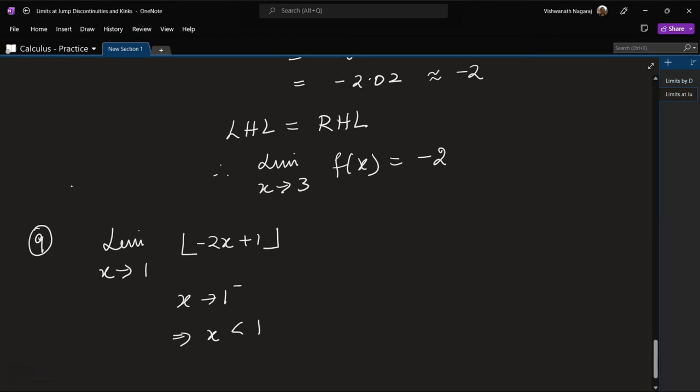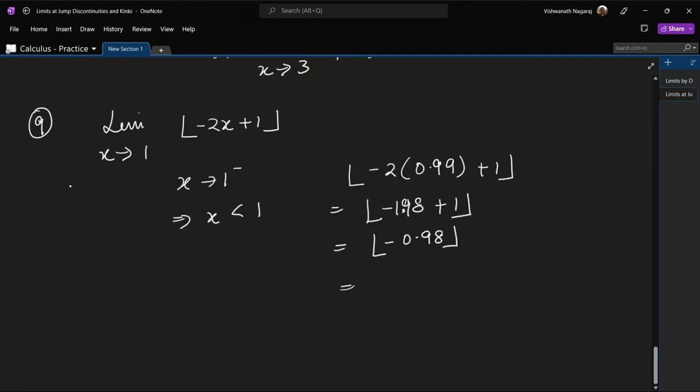So let's take a value: minus 2 times 0.999 plus 1, which is equal to minus 1.998 plus 1, which is equal to floor of minus 0.998, and the floor of this is minus 1.